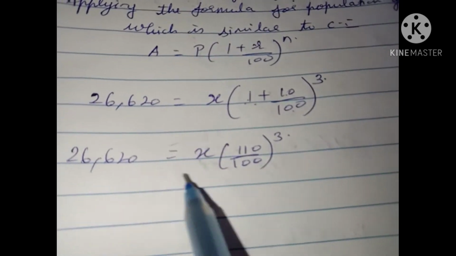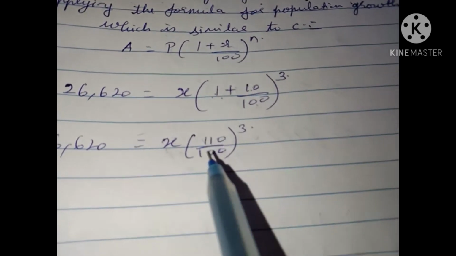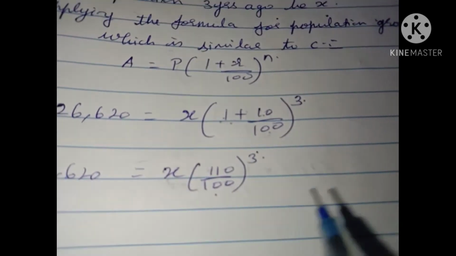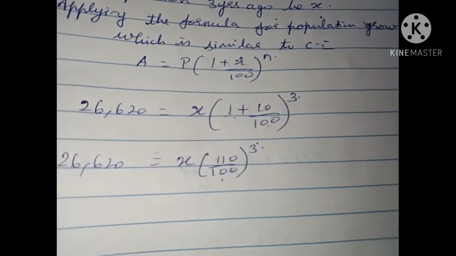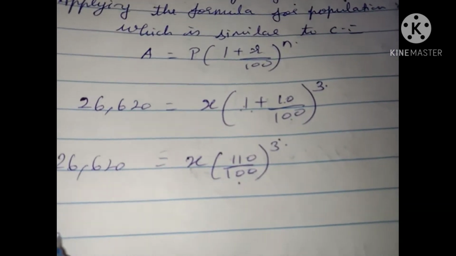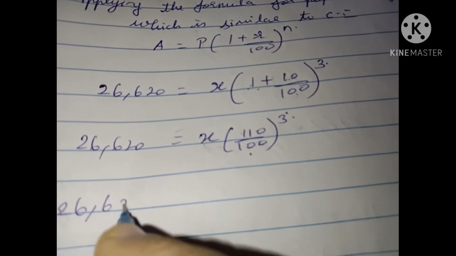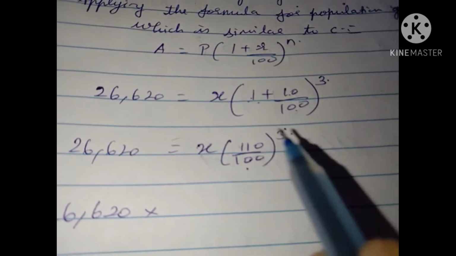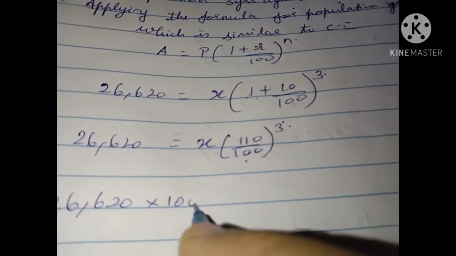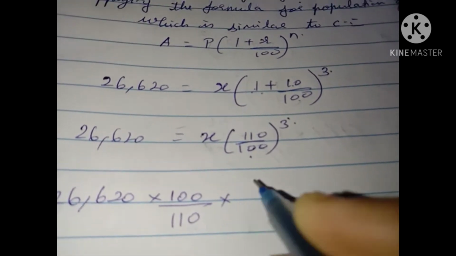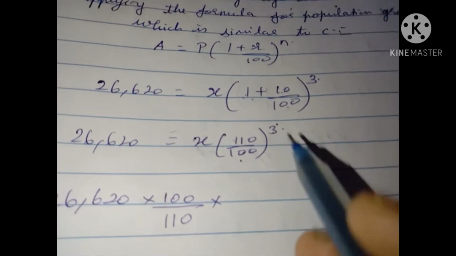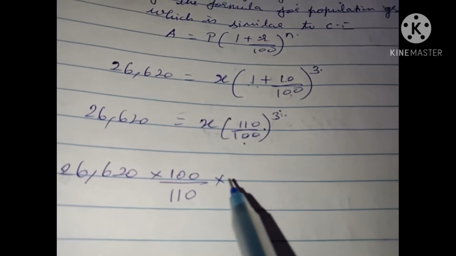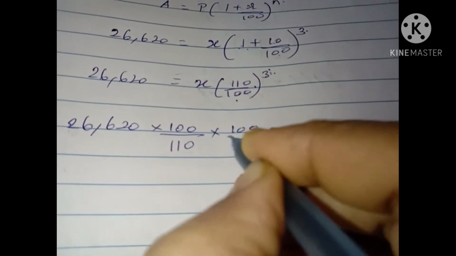Now we need to find out the X value. So bring this 110 by 100 the whole power 3 to the left hand side. If you bring this number to the left hand side, you have to take the reciprocal. As they given power 3, you have to multiply the number thrice.